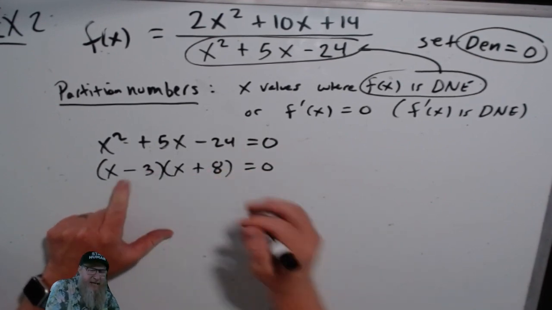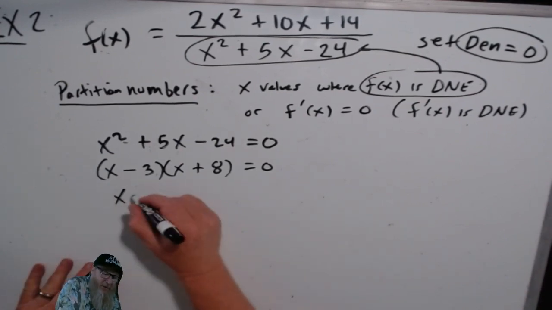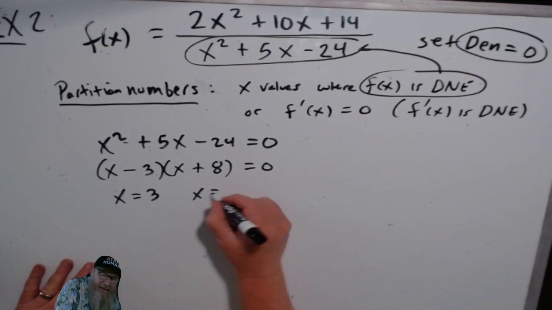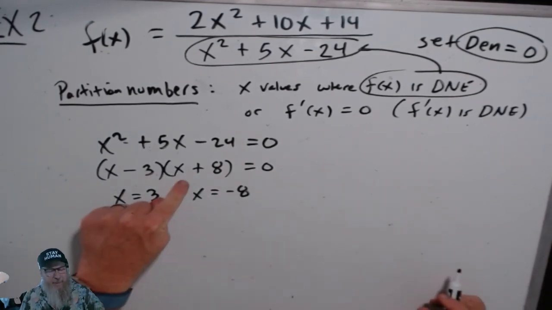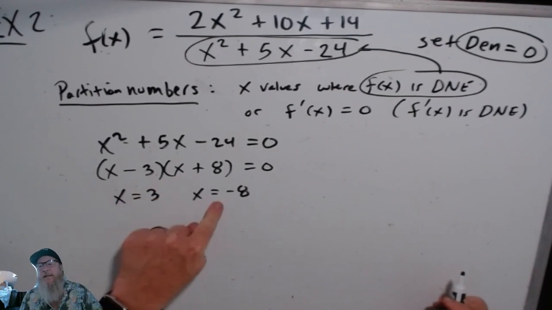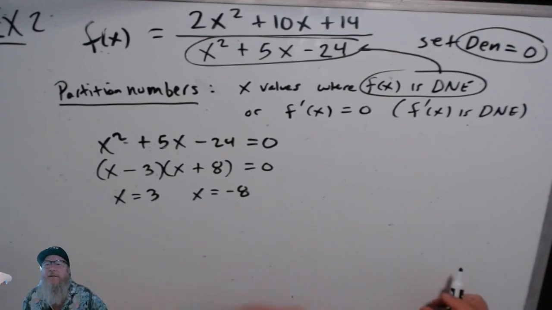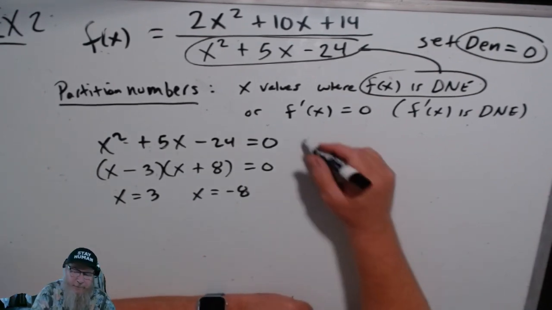Positive 8, negative 3 will give you a middle term of 5. So you set these equal to 0, and you get x equals 3 and x equals negative 8. I don't need to show you the math. You all know if a factor is a plus, then a solution is a minus, and vice versa. If the factor is minus, the solution is plus. So those are our first two partition numbers.